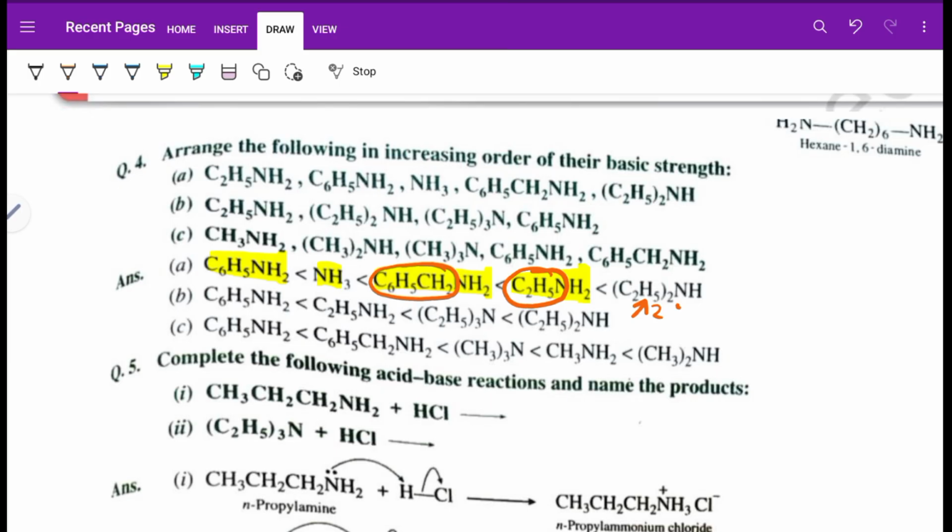Okay. So next again, aromatic, 1 degree, 3 degree, 2 degree. So 2 degree is having maximum, then 3 degree, then 1 degree, then aromatic over here. So for all the cases, you keep in mind why 2 degree is greater. The reason is it is ethyl, not methyl.